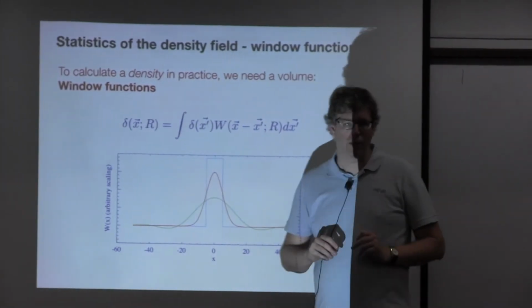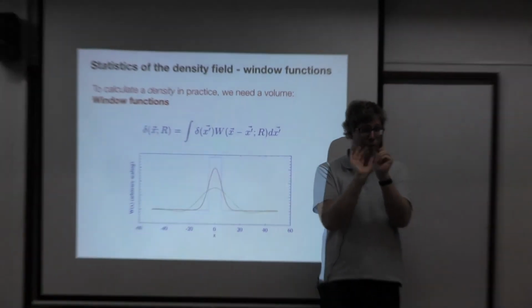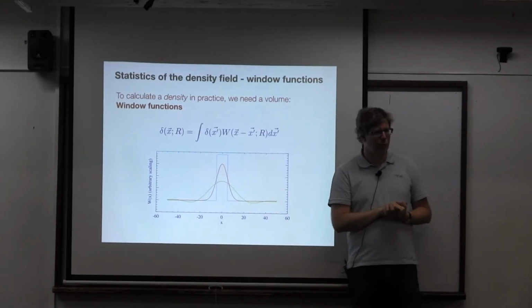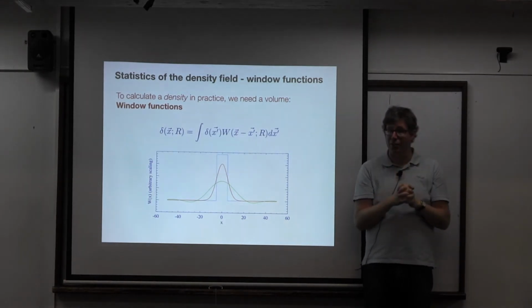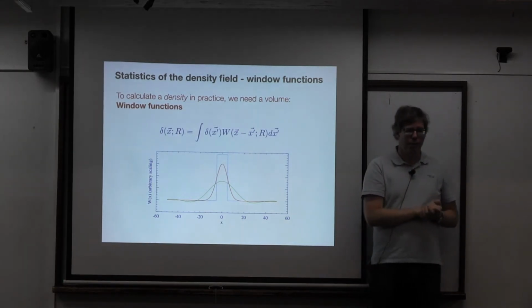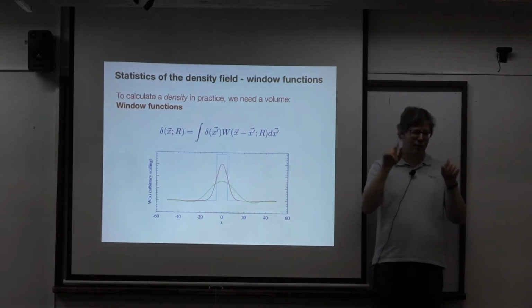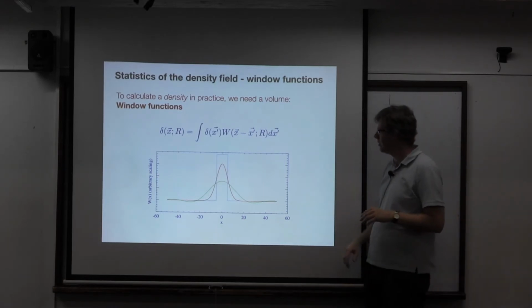And so to do that, what we do is we take the density field and we average it over some little bit of volume. Okay? And the obvious thing to do is to use a sharp box. You just make a box and say, okay, it's everything inside this box with a sharp edge. But when you do a Fourier transform of something with a sharp edge, you get a lot of sinusoidal functions that mess things up.